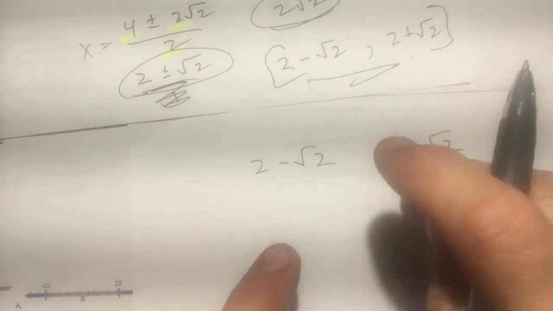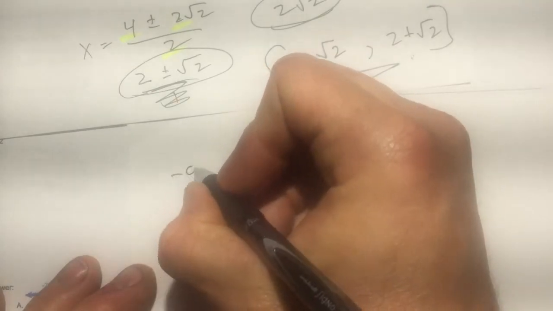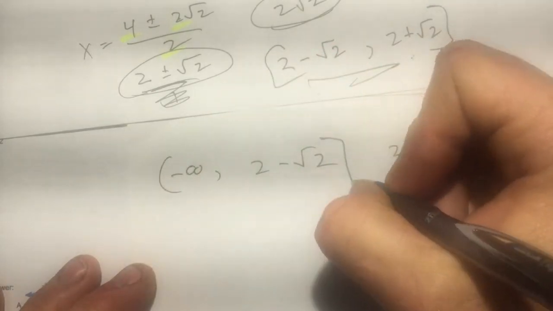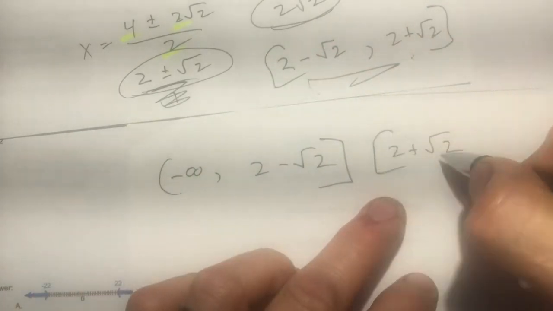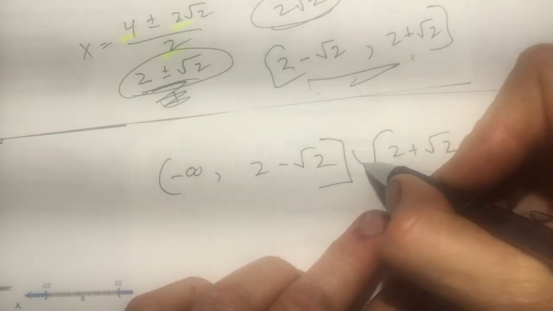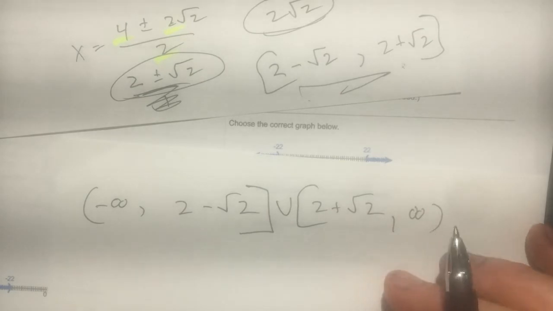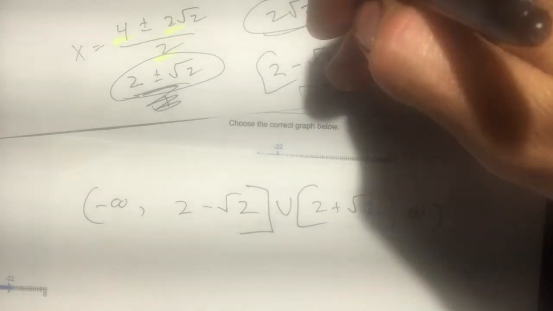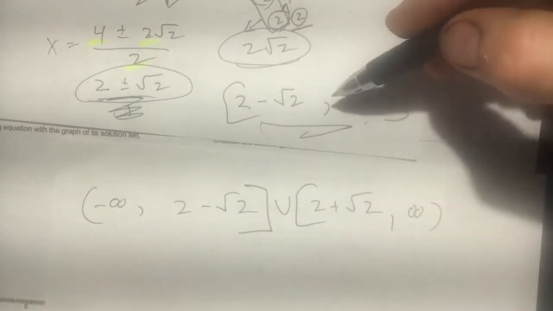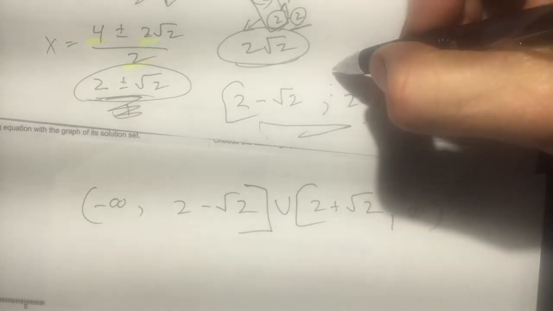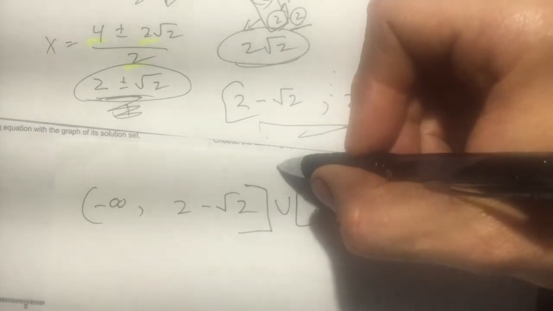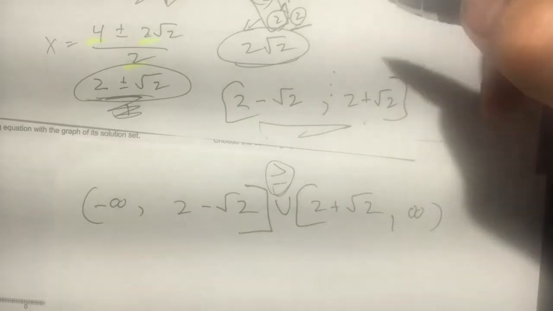So that means they would go opposite directions, which means this would go to negative infinity to this. And then we go from this one to positive infinity, and we put a union in there. So that's what it would be if it was a greater than or equal to instead of a less than. But here's my answer right here, this one. This is what it'd be if it's a less than or equal to, which is what we had. And here's what it would be if it was a greater than or equal to.